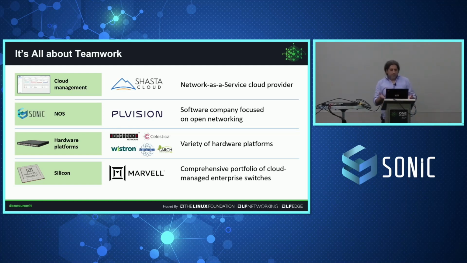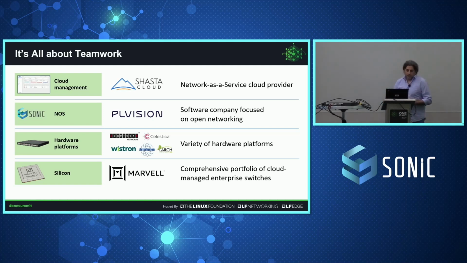So in the silicon, we have Marvell, and I'm sure many other chips, that gives a chip that is actually targeted to managed enterprise switches. We have hardware platforms by many vendors, and even more than written here: EdgeCore, Celestica, Windstorm, Arch, sorry. So a variety of hardware platforms that could work.